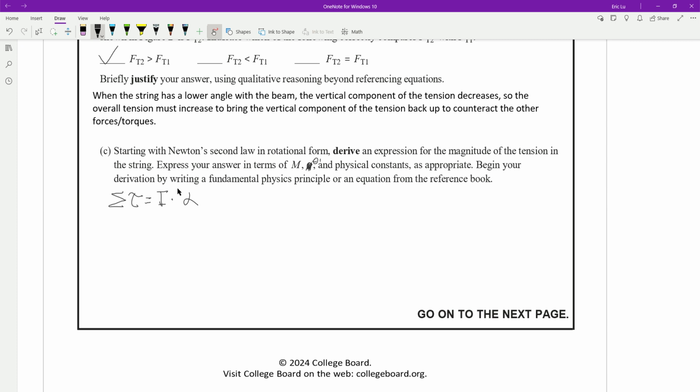Okay, so now, since we know that the net torque is equal to zero.